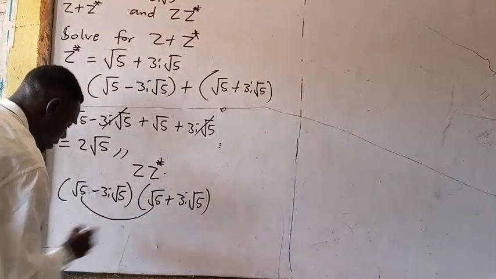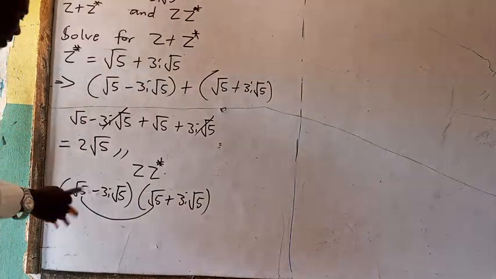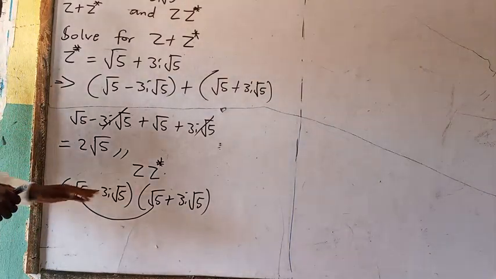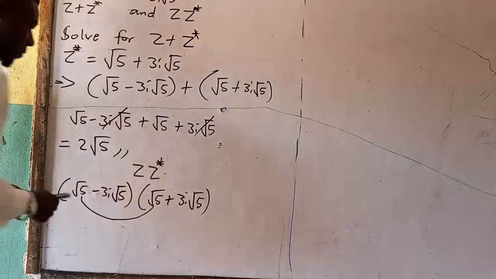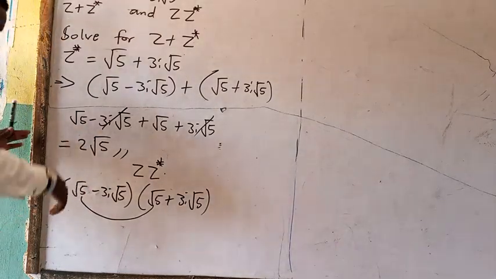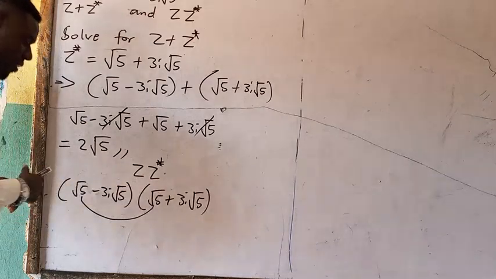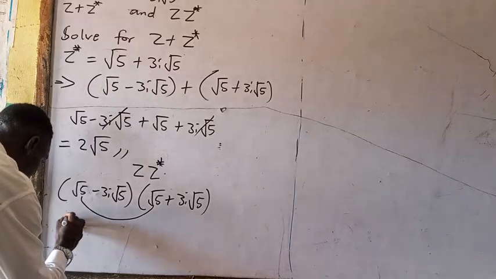Root 5 times this. Now, when the same root multiplies, you pick what is inside. What I mean is that you know that 5 times 5 will give us 25, and the square root of 25 is 5. So root 5 times root 5 will give us 5.